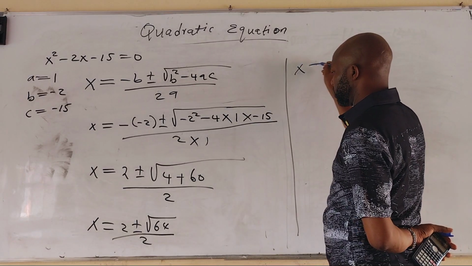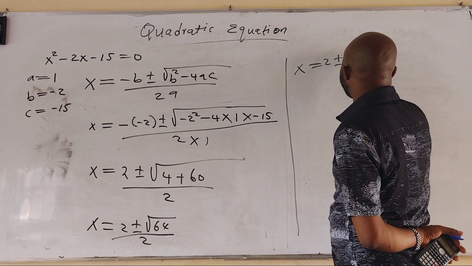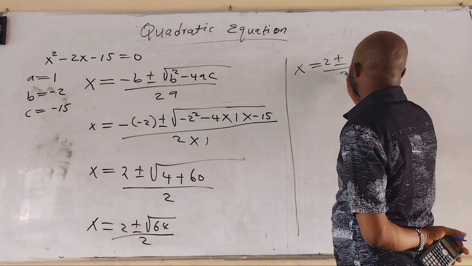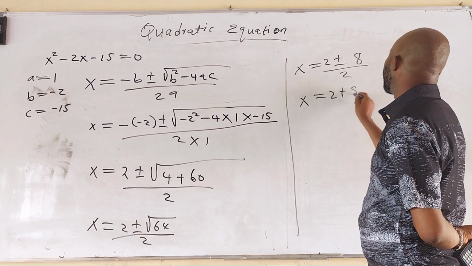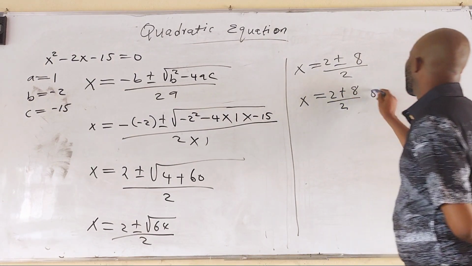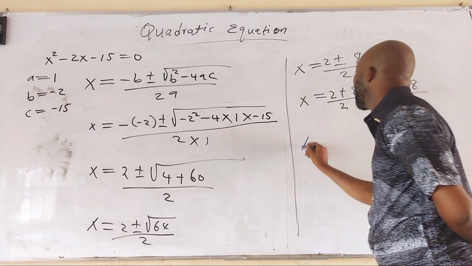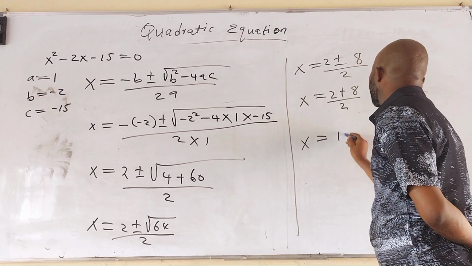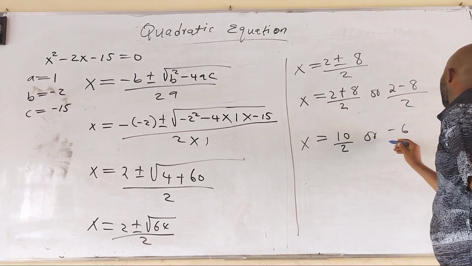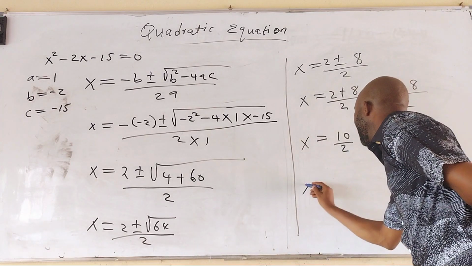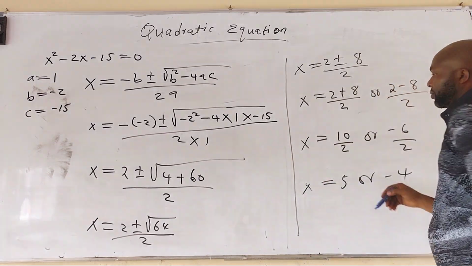The root of 64 is 8 over 2. And my X is equal to 2 plus 8 over 2, or 2 minus 8 over 2. X is equal to 10 over 2, or minus 6 over 2. My X is equal to 5 or minus 3.